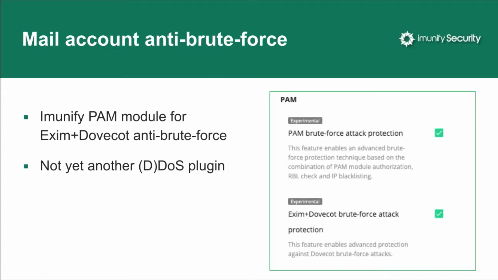Also, if multiple requests are coming from multiple IP addresses against, for example, a single mail account, we handle it differently. In this case, we can choose the best way to protect the mail account without blocking the legitimate user and without preventing him from using it for regular business.